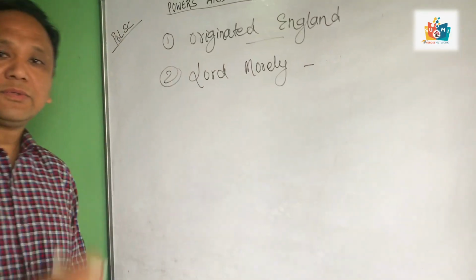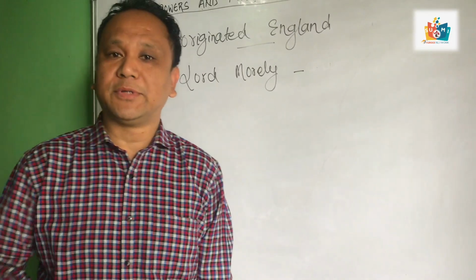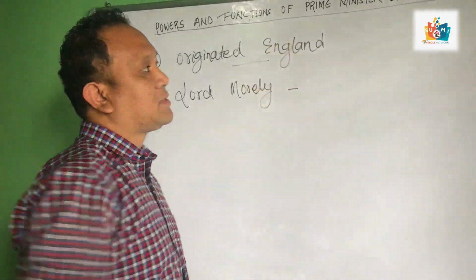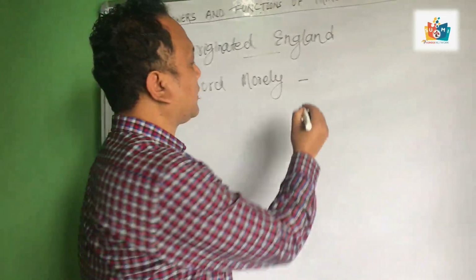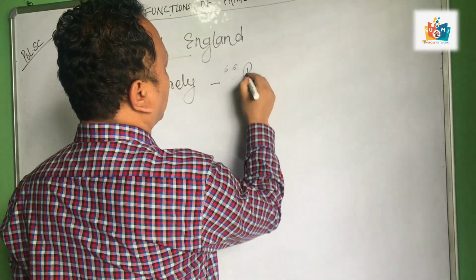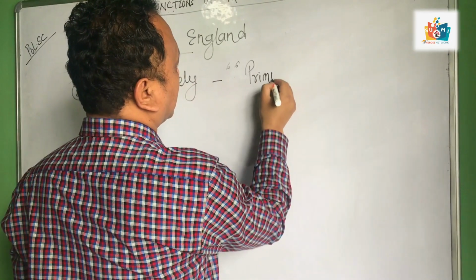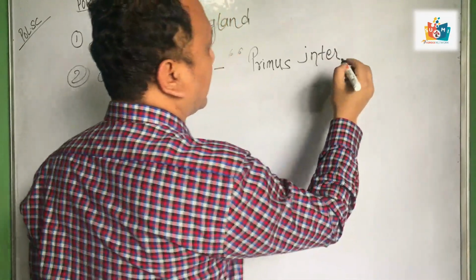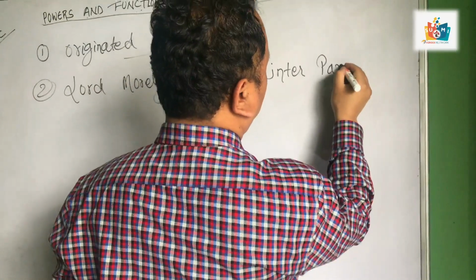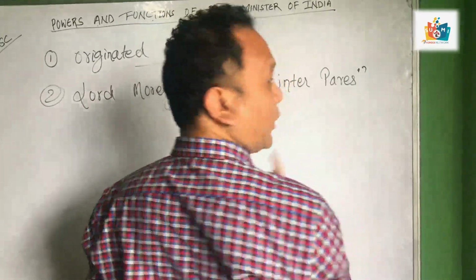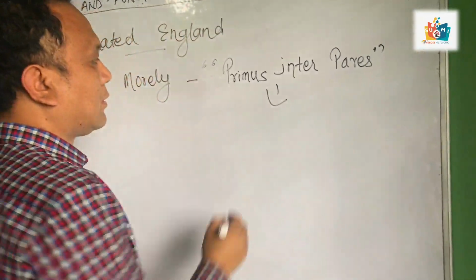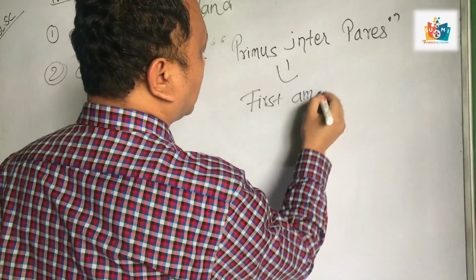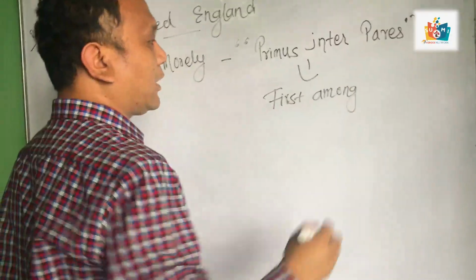He was a renowned writer and politician, and he stated that Prime Minister is primus inter pares, which means first among equals.